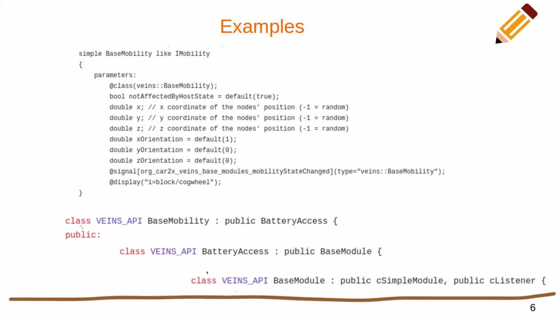You have a class called base mobility that inherits from another class called battery access. The battery access class inherits from base module, and then finally the base module inherits from cSimpleModule. So this is a must. Again, the base mobility class does not directly inherit from cSimpleModule, but eventually there is an inheritance from that class.